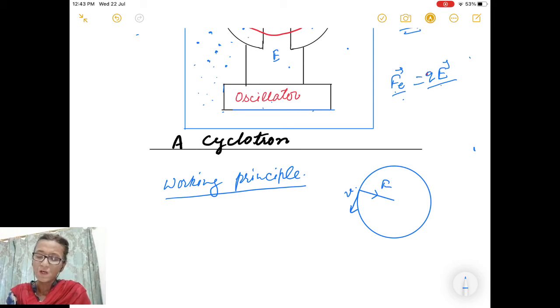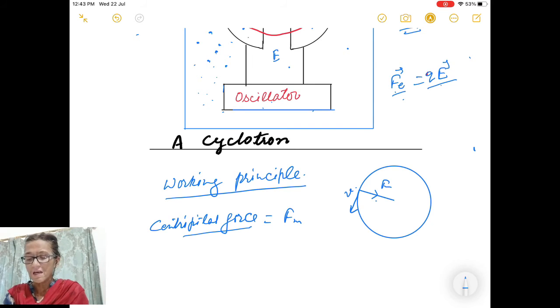So when you equate centripetal force with the magnetic force, because the centripetal force is provided by this magnetic force, which is acting towards the center, we find that force is equal to qvB, and since it is at 90 degrees, sine 90 is equal to 1, and this is equal to mv squared upon r.